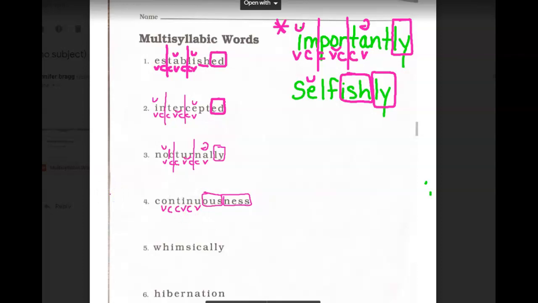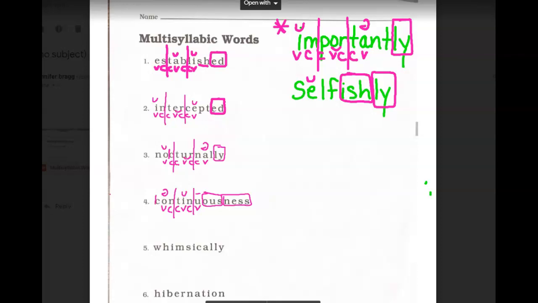So we're going to divide between our two C's here. Then we're going to divide after our C between the C and the V on this one. Okay, we have a K sound, so we want to cut a K back. And it's a sound, so we're going to do our schwa, upside down E. And we have continuous, so it's short I and a long U. So continuous.